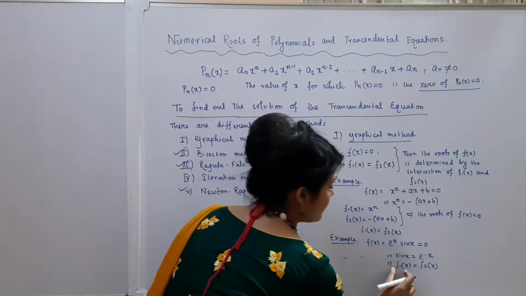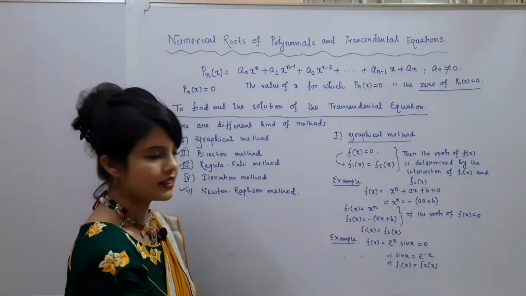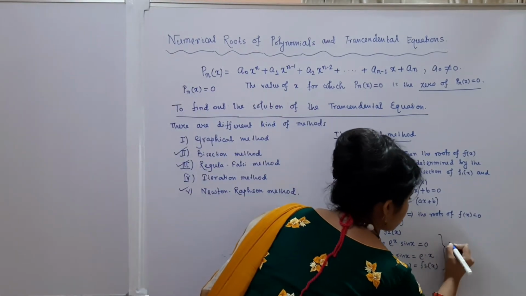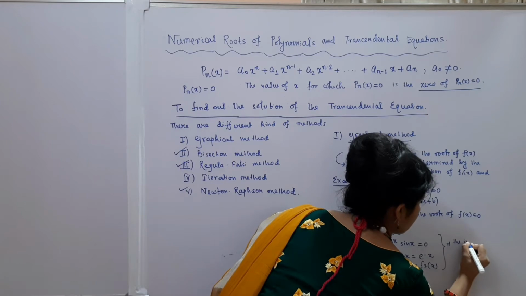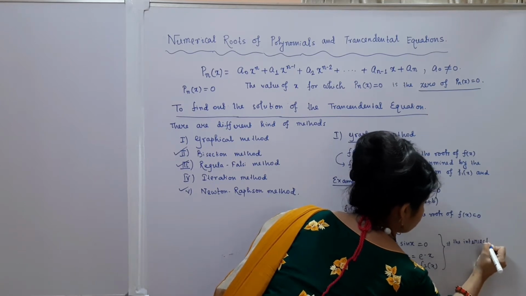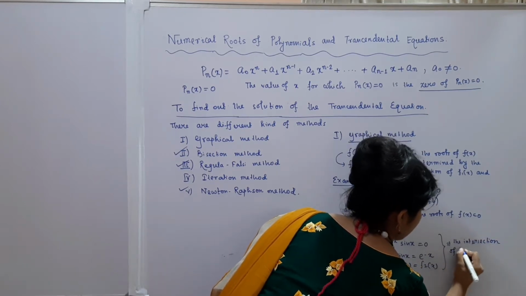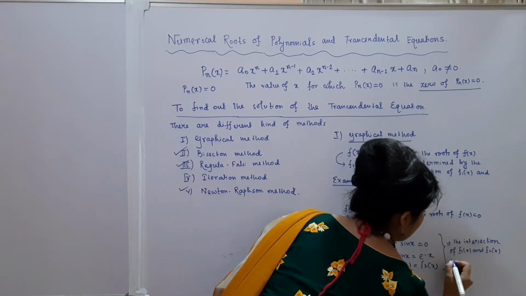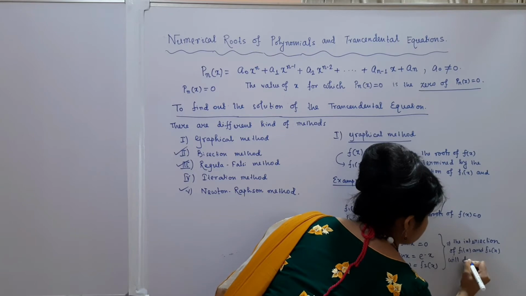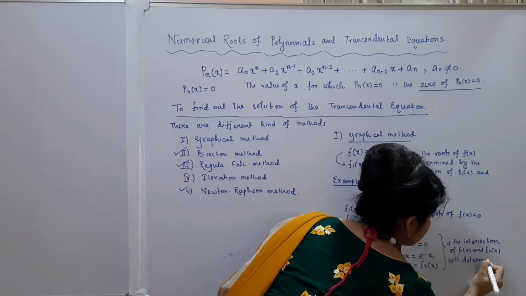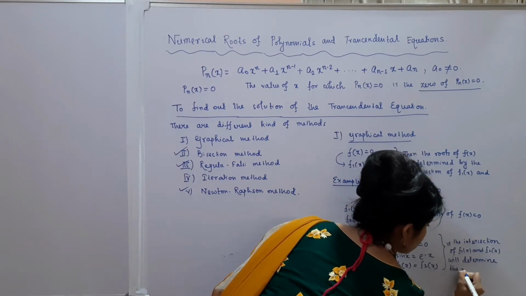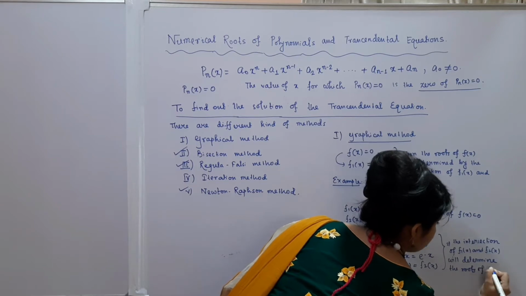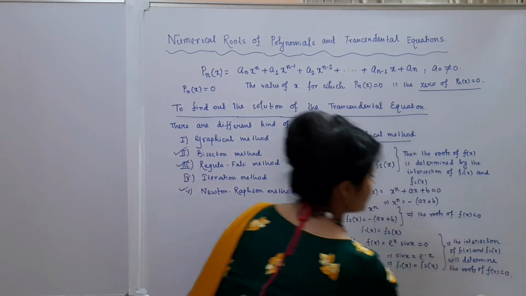Then the intersection of f1(x) and f2(x) will determine the roots of f(x) equal to 0.